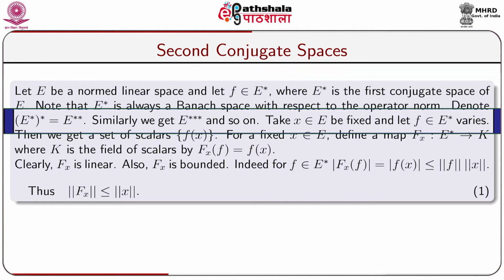Denote E star whole star equal to E double star. Similarly, we get E triple star and so on.